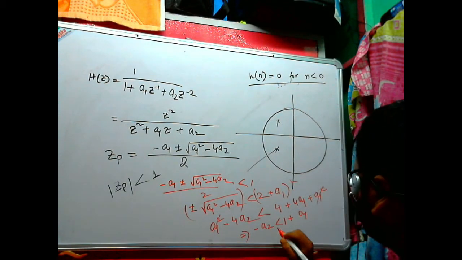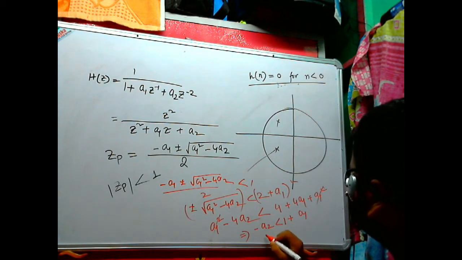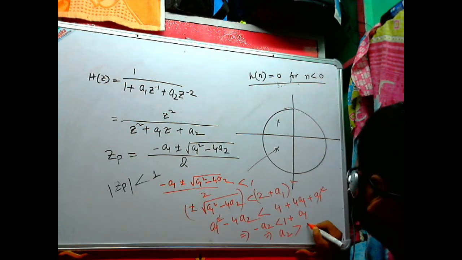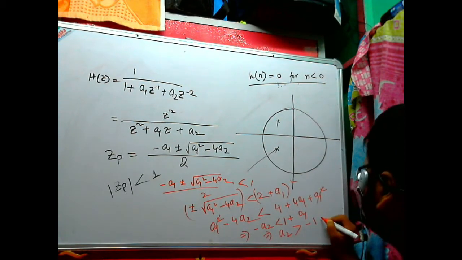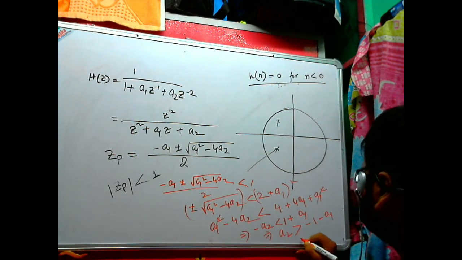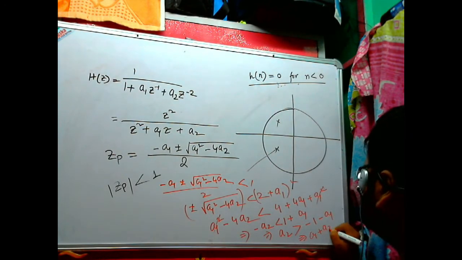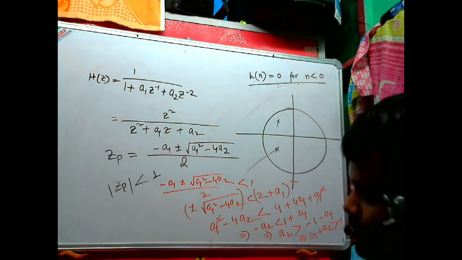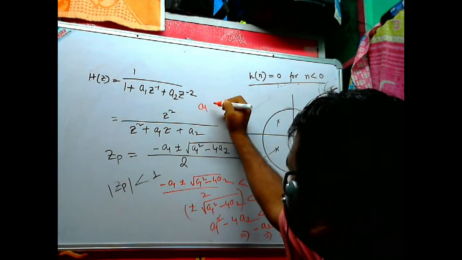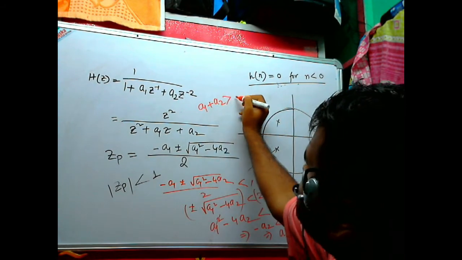Multiplying by minus on both sides, a2 is greater than minus 1 minus a1, which means a1 plus a2 is greater than minus 1.